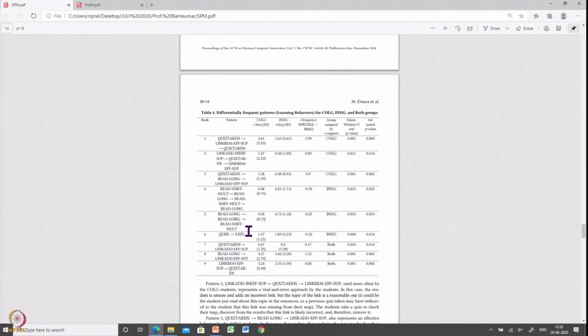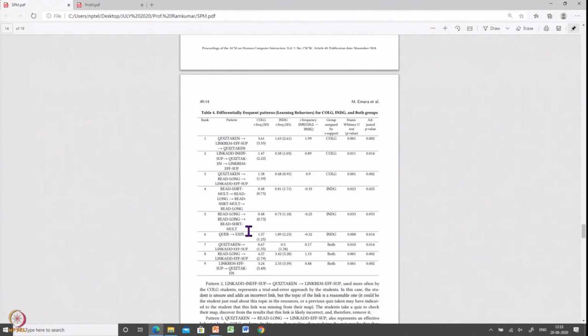With this table, these values, you can make a new inference on behavior differences between these 2 groups. For example, you can say that collaborative group students mostly had a supportive link and took a quiz, and they removed the ineffective links.